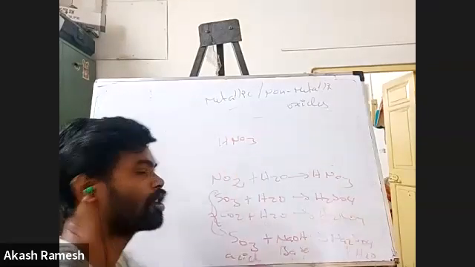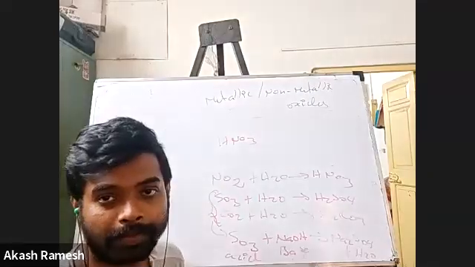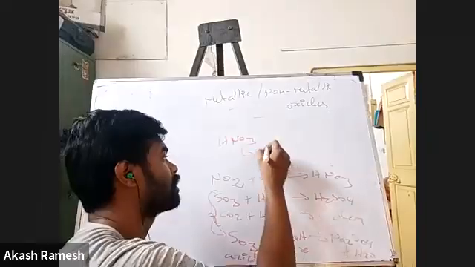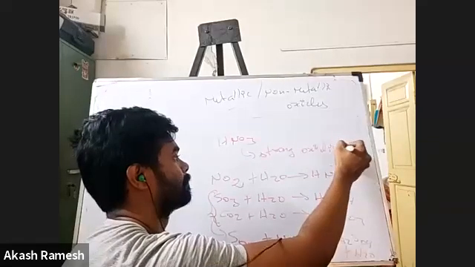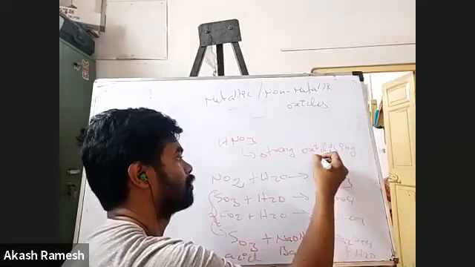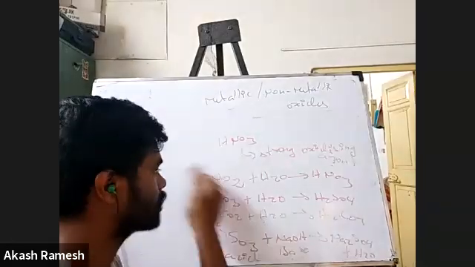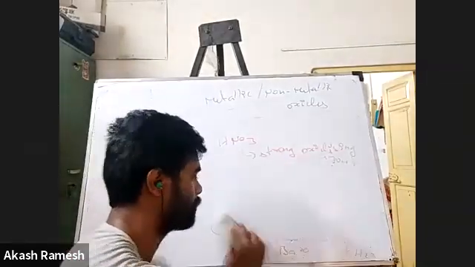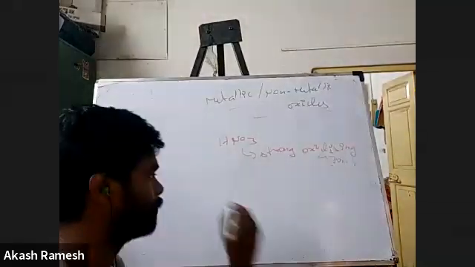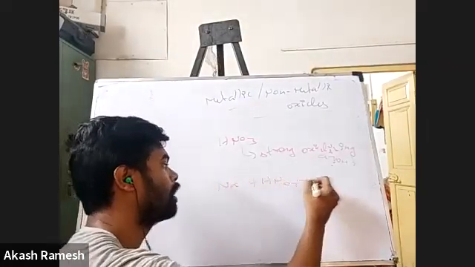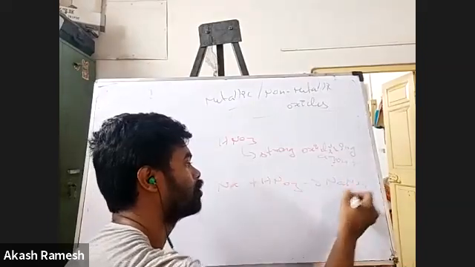The thing is, HNO3 is a very special acid. Why is it special? Because it's a very strong oxidizing agent. So if I put HNO3 on sodium, what we expect is NaNO3 plus H2.